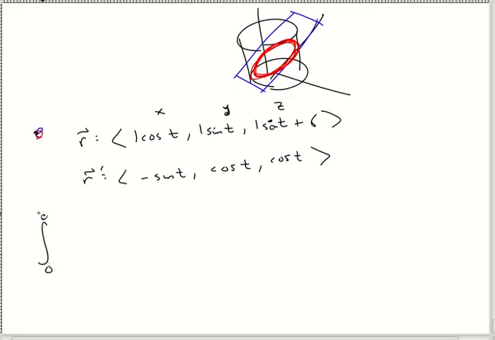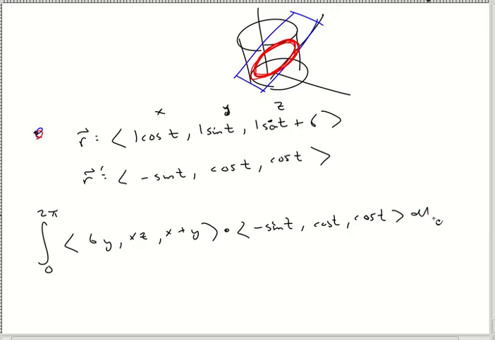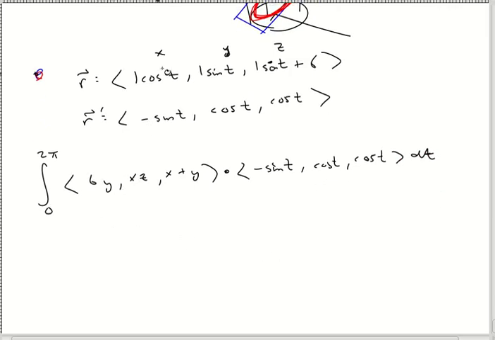So the integral, definitely 0 to 2 pi of my F. Original was 6y, xz, x plus y, dot, now this guy, negative sine t, cosine t, cosine t. Okay. Well, this is x, y, and z.